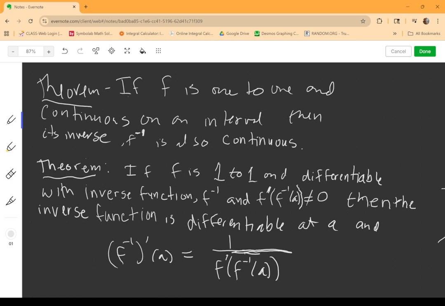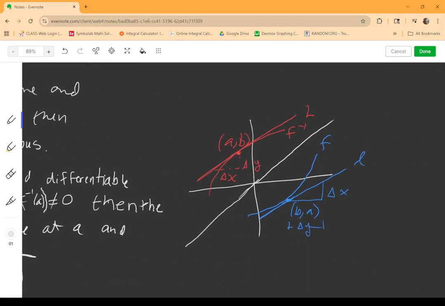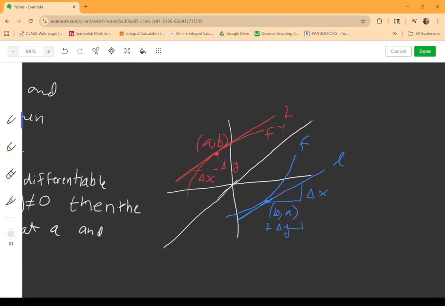Now let's take a look here graphically what this means. If we see here we have two functions, the f and the f inverse, and this line here is y equals x. If we're finding the derivative, in other words, the slope of the tangent line at a, and the graph is a reflection across the line y equals x, then what we know about inverses is that their domain and range are flipped around.